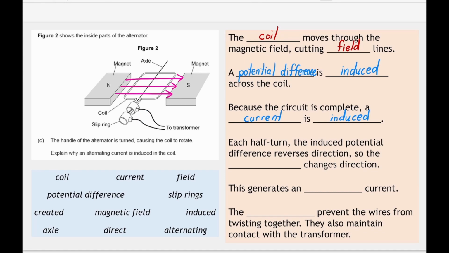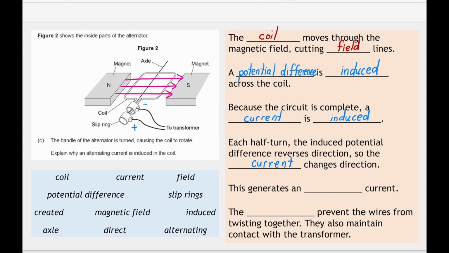Moving on to the next point, each half turn, the induced potential difference reverses direction. This means that every half rotation, the terminals flip from plus minus to minus plus. This means that in a complete circuit, current will change direction as well.